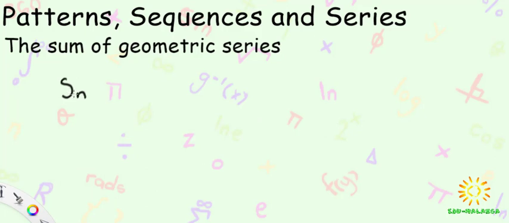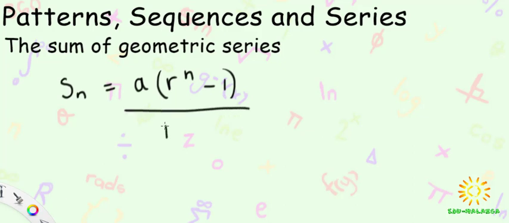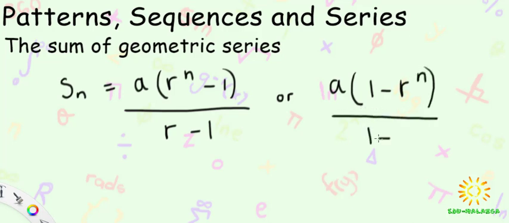Sn, which is the sum of n terms of the geometric series, is equal to a, open your brackets, r to the power of n minus 1, close your brackets, divided by r minus 1, or the formula can also be written as a times open brackets 1 minus r to the power of n, close your brackets, all over 1 minus r. These 2 formulae are both useful when you are summing n terms of a geometric series.